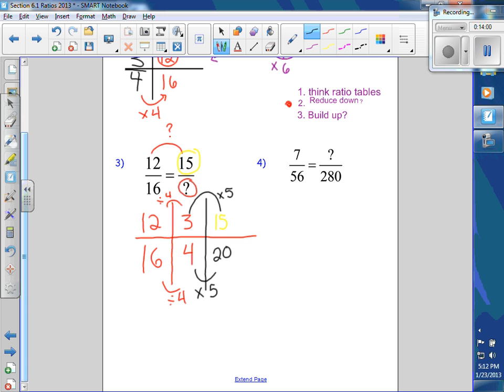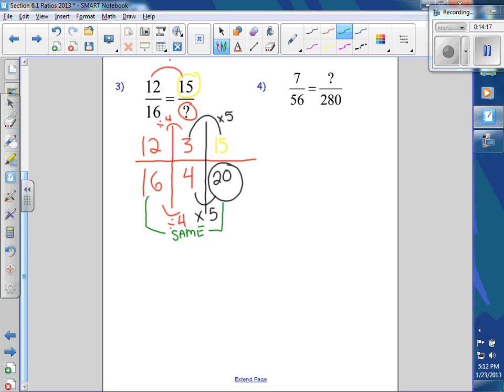So the question mark, the missing value, is 20. So what that tells us is 12 over 16 is the same as 15 over 20.